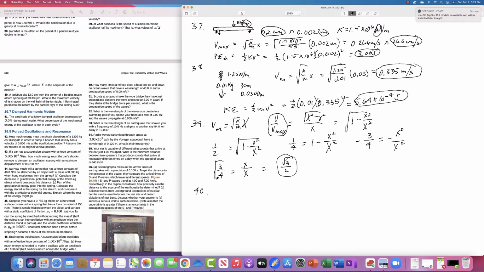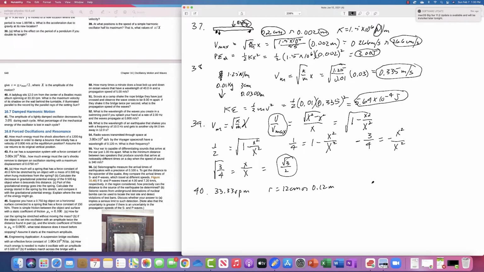Number 40 states that a ladybug sits 12 centimeters from the center of a Beatles music album, spinning at 33.33 revolutions per minute. The radius here is 12 centimeters or 0.12 meters. What is the maximum velocity of its shadow on the wall behind the turntable if the illumination is parallel to the record by parallel rays of the setting sun?